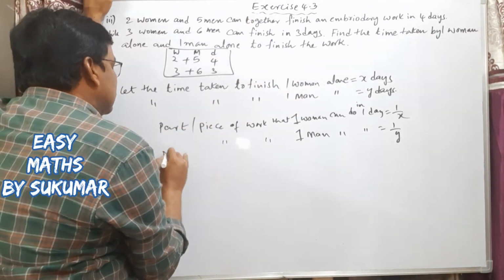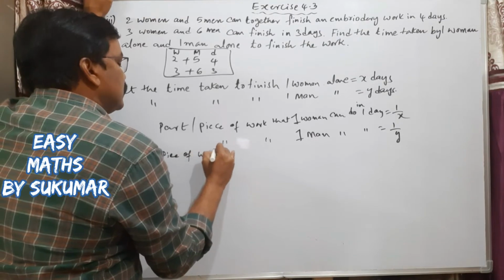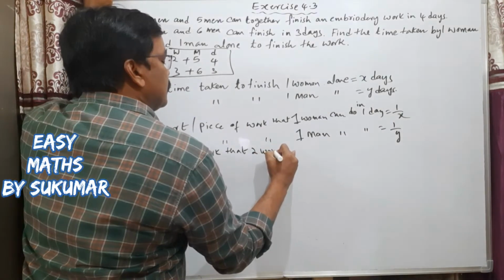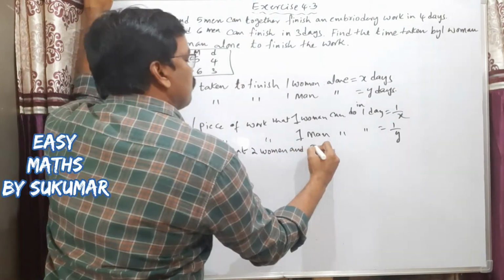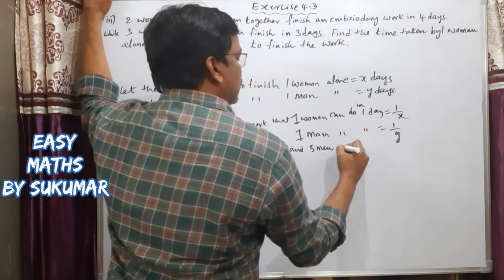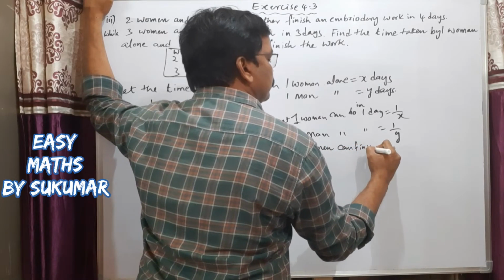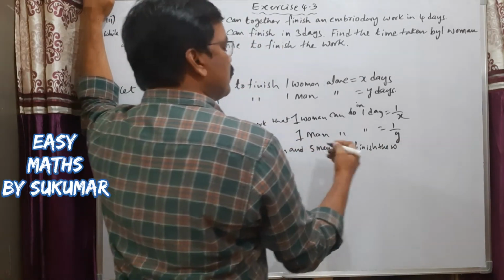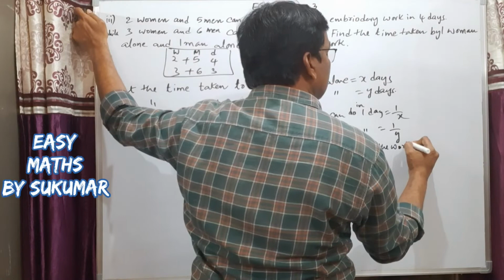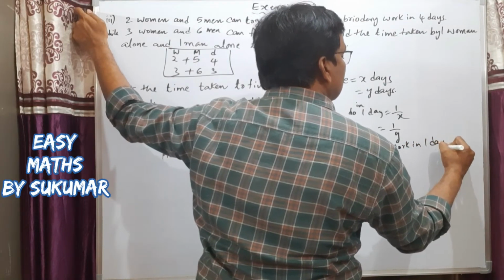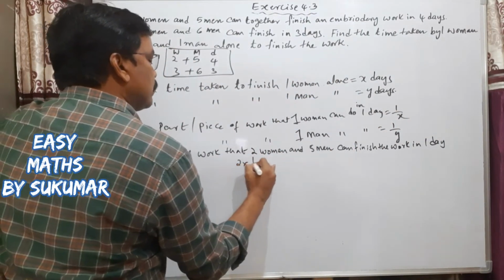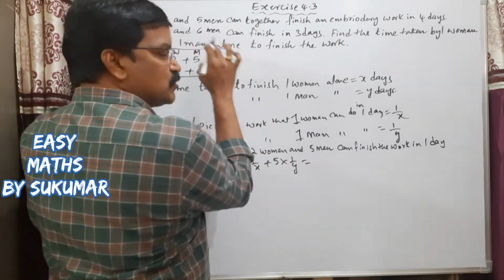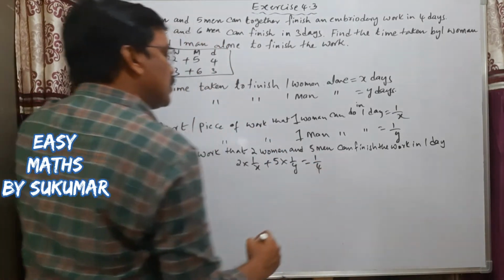That means the piece of work that 2 women and 5 men can finish in 1 day is 2 into 1 by x plus 5 into 1 by y is equal to, in 1 day, actually it takes 4 days, but in 1 day 1 by 4.